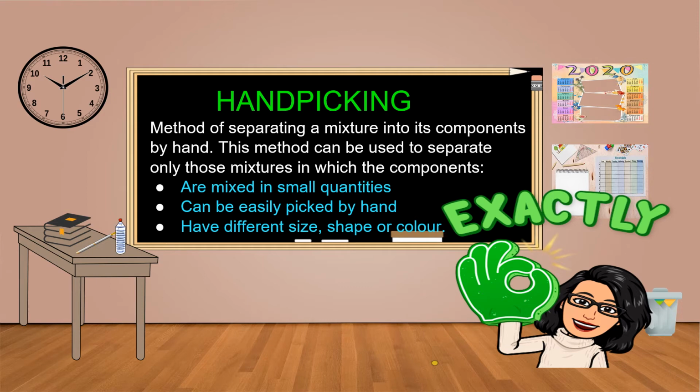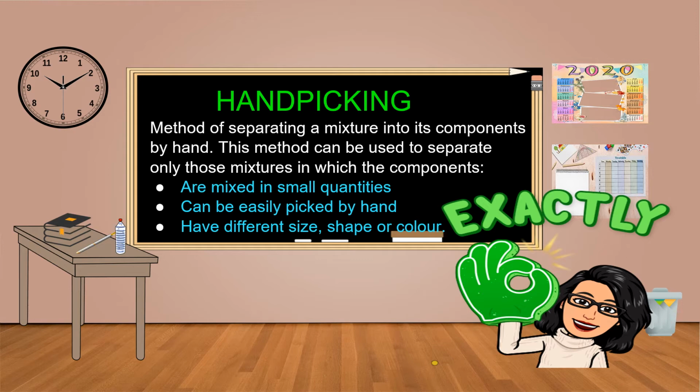And this method can be used only for those mixtures in which the components are mixed in small quantities. Because if they are in very large quantity, we can't separate them out. And they should be easily picked up by hand. They should not be very small or invisible that we cannot identify them and cannot pick them up by hand.